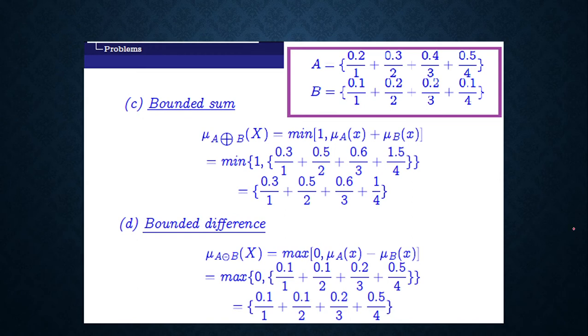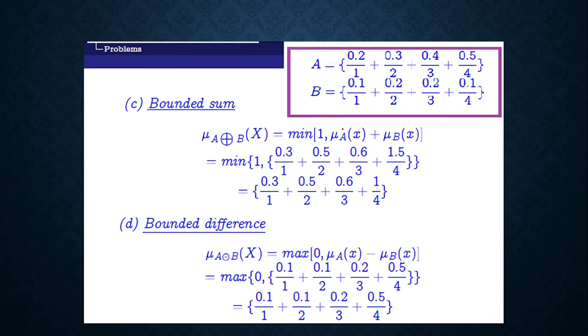Bounded sum. So in this bounded sum, you can see that the expression is given as minimum of 1 comma membership of a of x plus membership of b of x. These two operators limit the value of membership between 0 and 1 of each element.